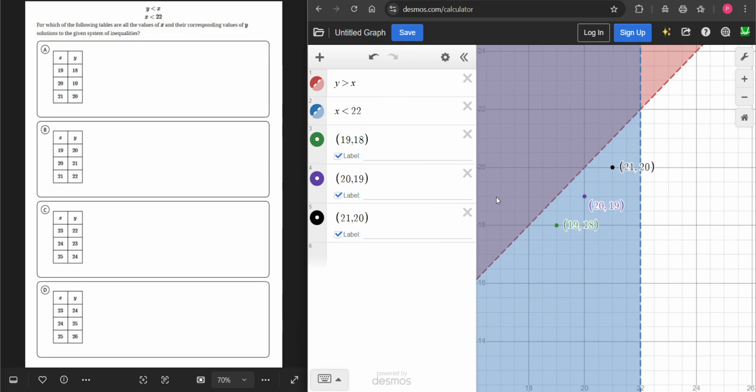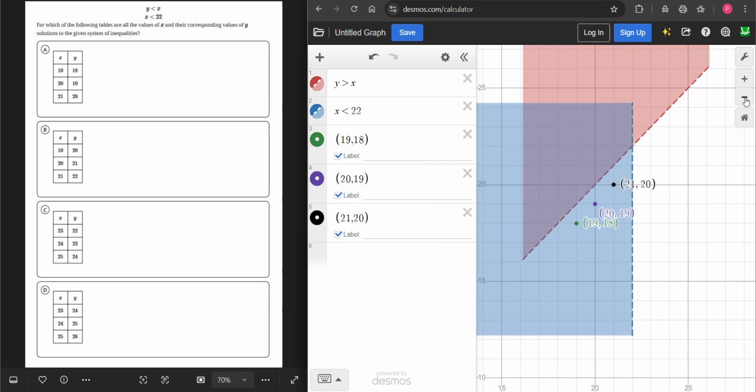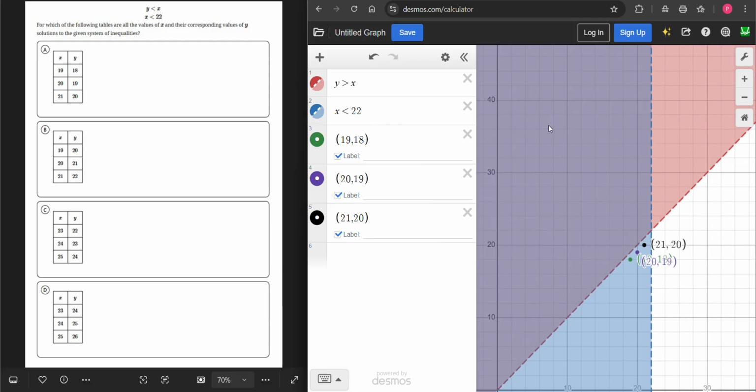So let's see which of the following tables, which of these coordinates, actually lie on the function. What's our function? Our function is actually this region. This given function, y is smaller than x and x is smaller than 22.